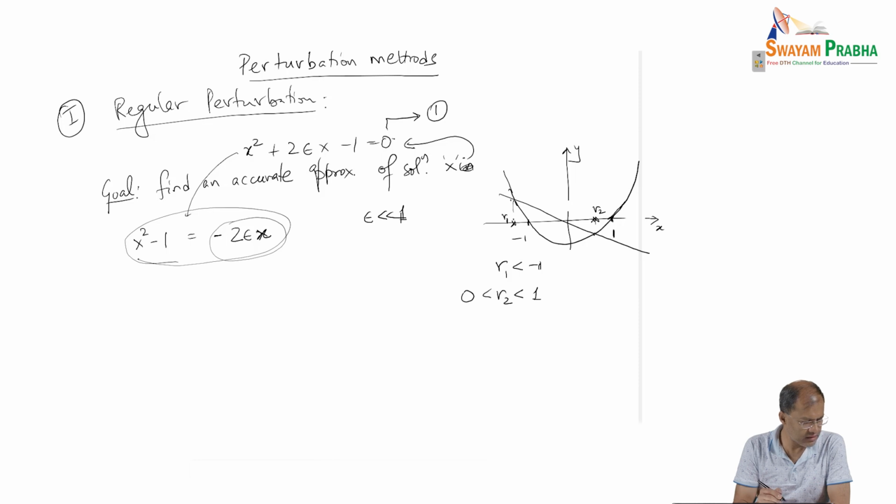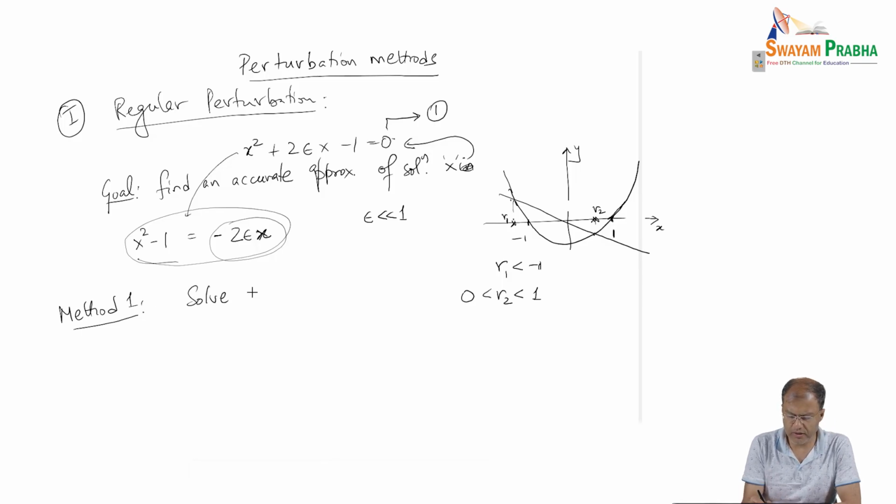Okay, so as I just said, one way to solve this problem is to directly solve it and expand in epsilon, where epsilon is a small parameter. This first step, which is going to be discouraged later on, and of course in more complicated problems it will not be possible, is to solve and expand.